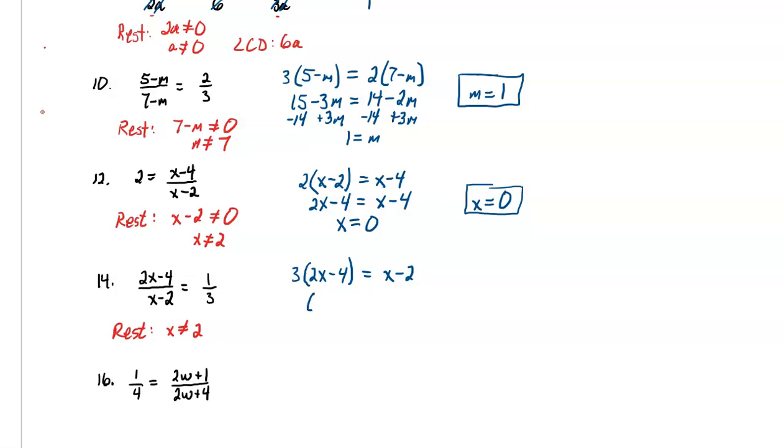Now distribute. 6x minus 12. Subtract x from both sides, creating 5x. Add 12 to both sides, creating 10. Therefore, x equals 2. But that was our restricted value. With no other possible answers, we say no solution.